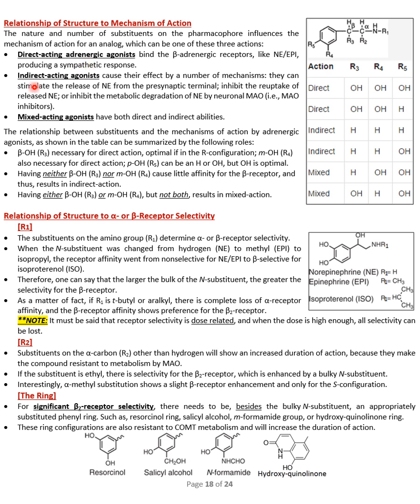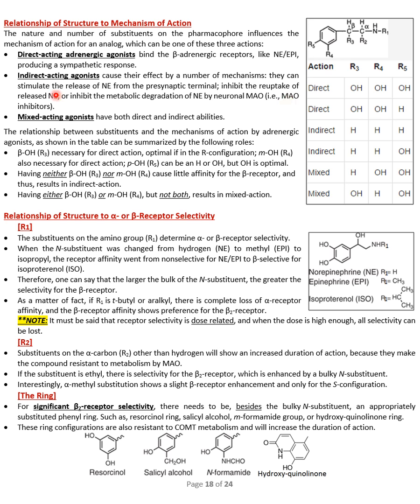Okay, and then there's the indirect way, in which the beta agonist would either stimulate the release of the norepinephrine or inhibit the reuptake of the released norepinephrine from the synaptic cleft, or they inhibit the metabolism or the degradation of the norepinephrine by affecting the enzymes such as the monoamine oxidase inhibitor.